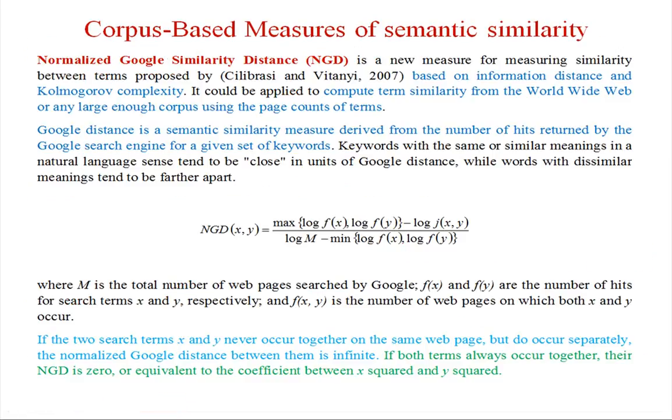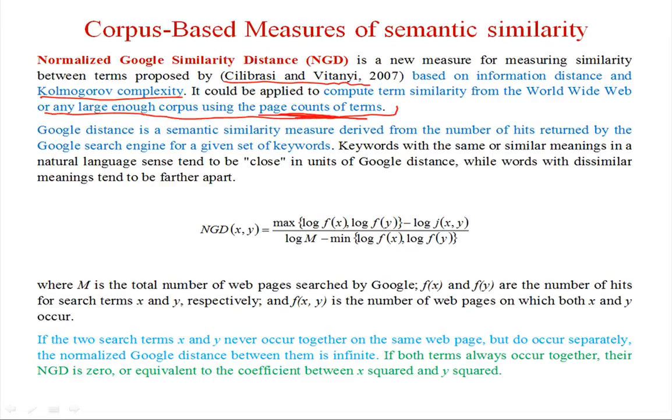Now another corpus based similarity measure is the Normalized Google Distance. It is a new measure for measuring similarity between terms, proposed by Cilibrasi and Vitanyi, based upon information distance and Kolmogorov complexity. It could be applied to compute the term similarity from the World Wide Web or any other large enough corpus by using the page counts of the terms.